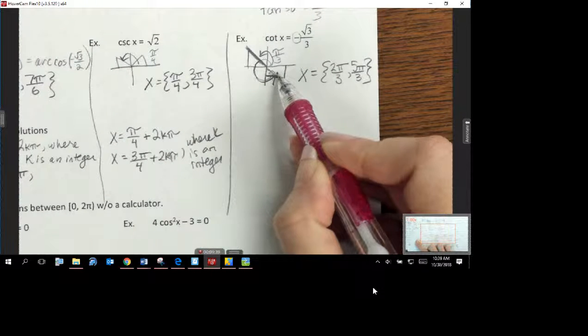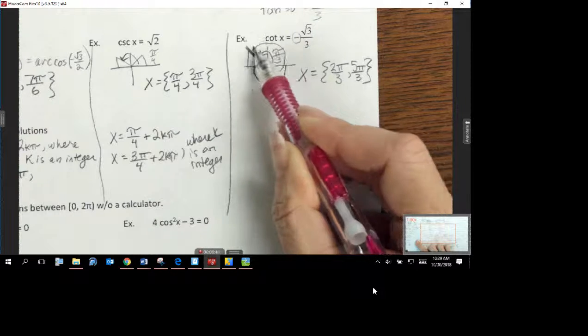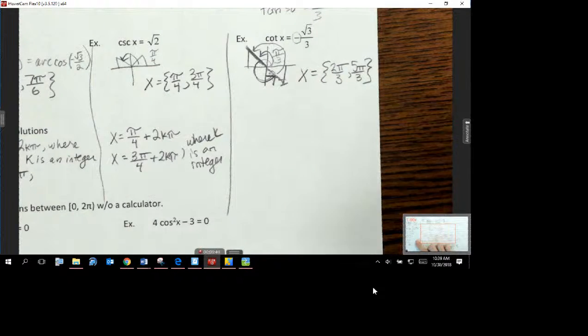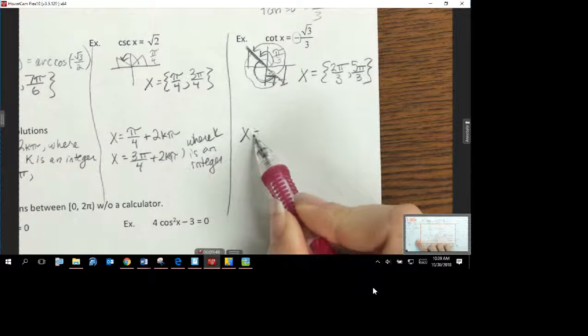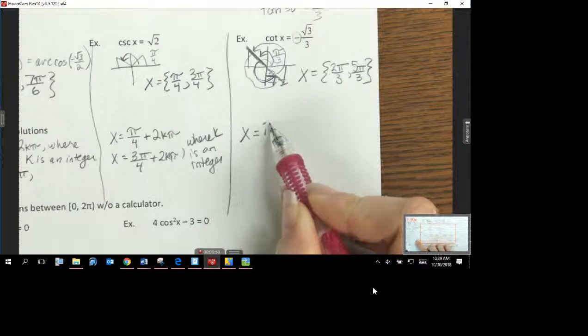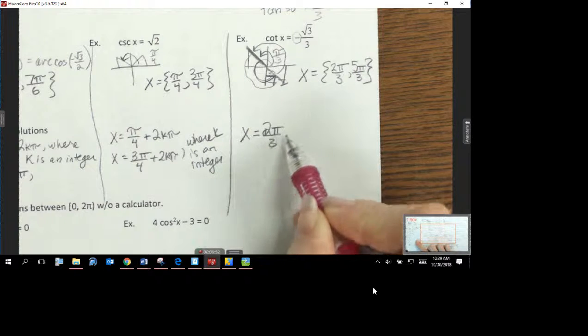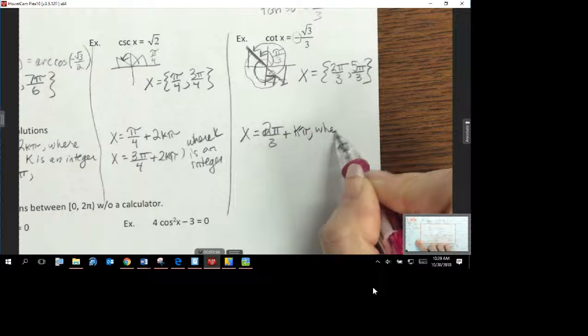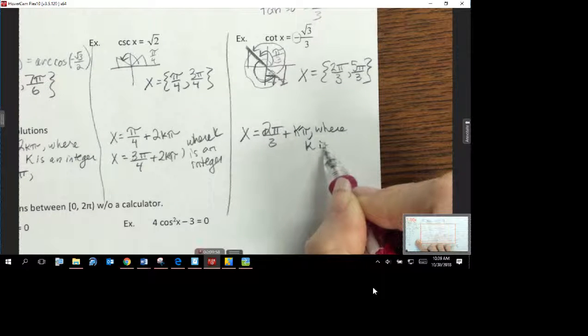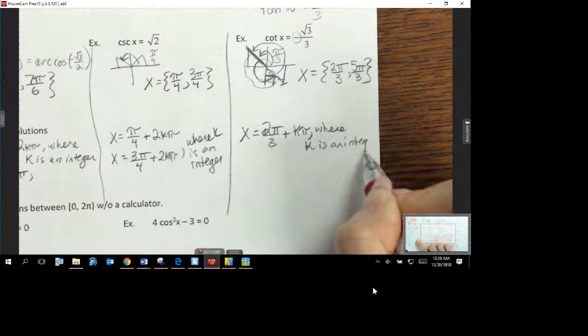So if I add a pi again from the second answer, I will end up at the next one. Well, I'm going to start on my first answer, 2 pi over 3, and I'm going to add k pi, where k is an integer.